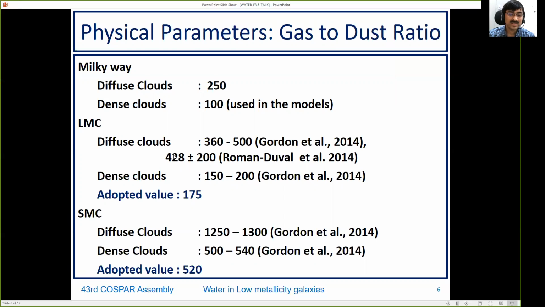For LMC, in the dense clouds, this varies between 150 and 200, so we have adopted an average value of 175. And for SMC, we have adopted a value of 520. These values are arrived at from the available literature.